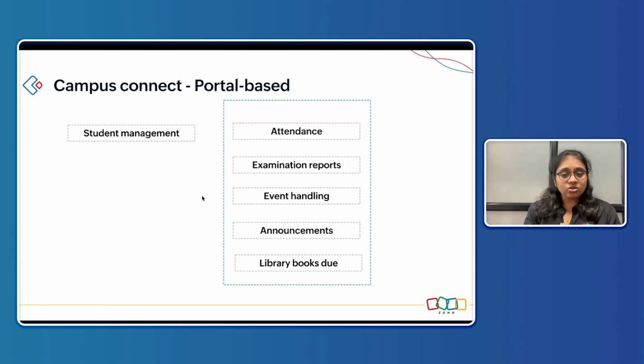From that portal access, the students can see their attendance and keep track of their examination reports. If a student is allocated an event to handle, he can get approvals from the faculties. He can manage the entire event handling process over here. He can see the live announcements and library book due notifications. I can help the students with so many things in this portal-based application. So this is how we can imagine the Campus Connect as a portal-based application.